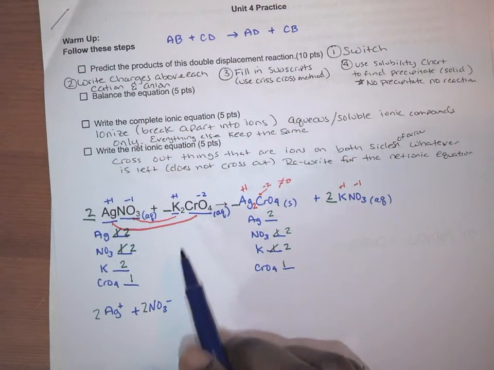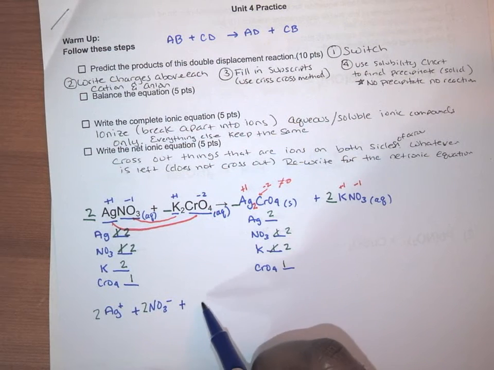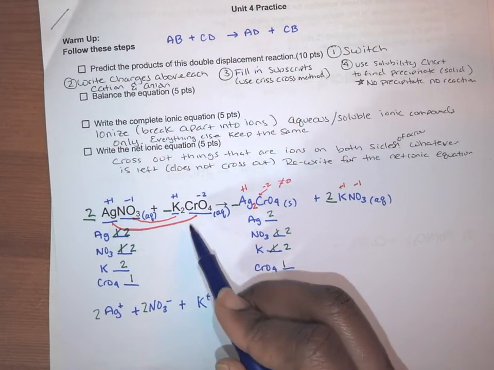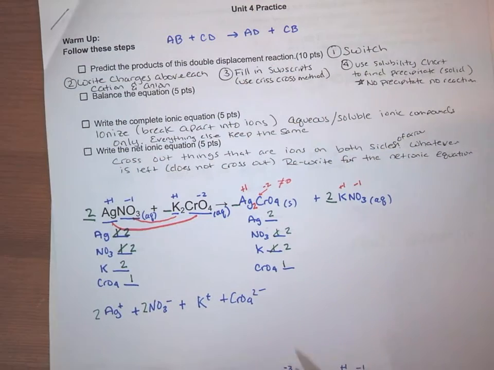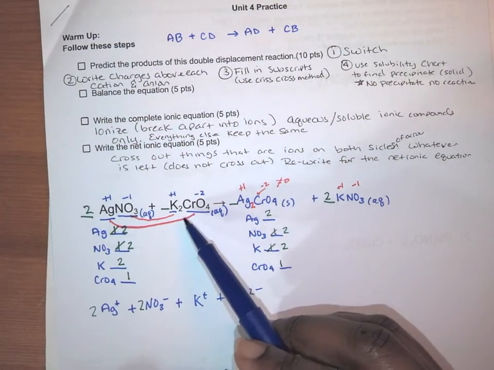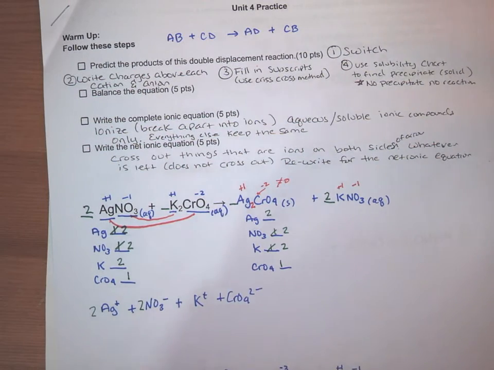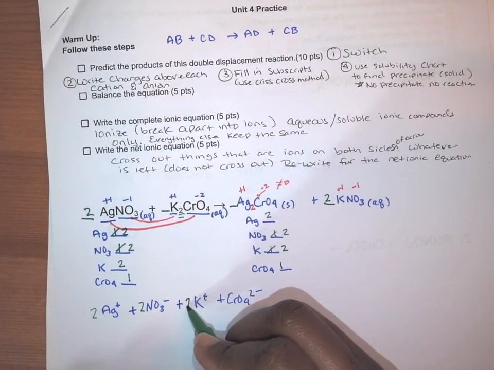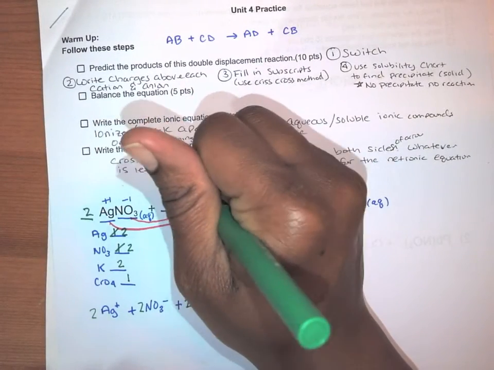All right, potassium chromate, that's aqueous, that's also going to break apart. So that breaks apart into K+ and CrO4 2-. Now in the case of the potassium chromate, that subscript will come down as a coefficient as well. The reason that this subscript comes down as a coefficient is because this is what potassium chromate looks like.